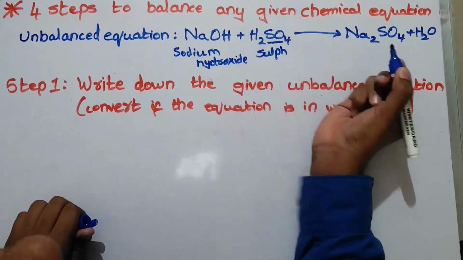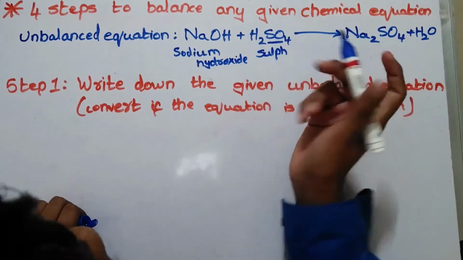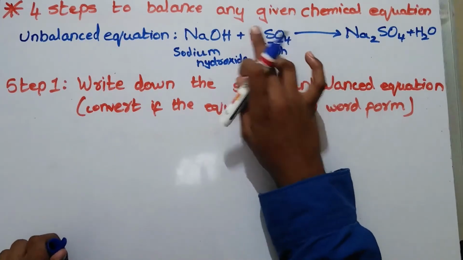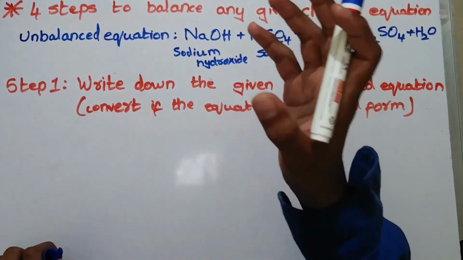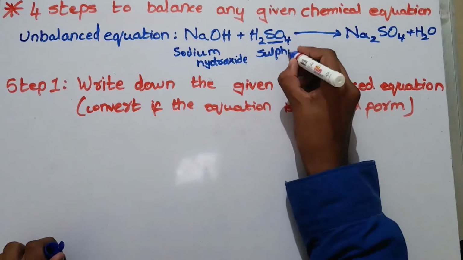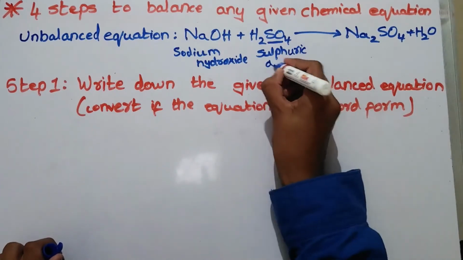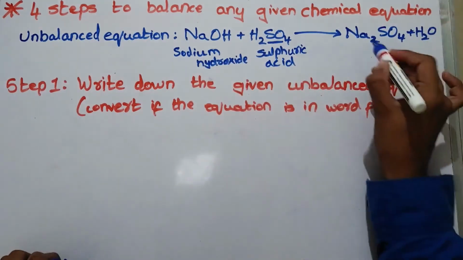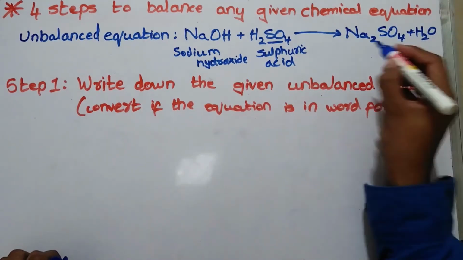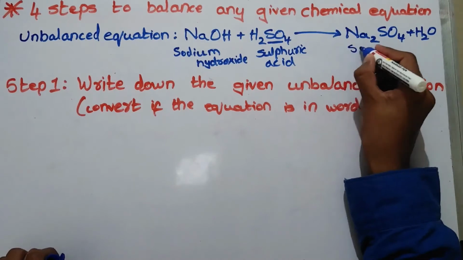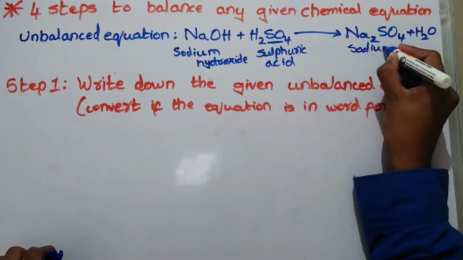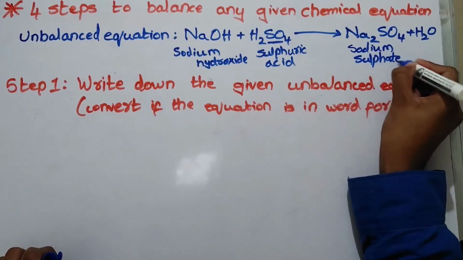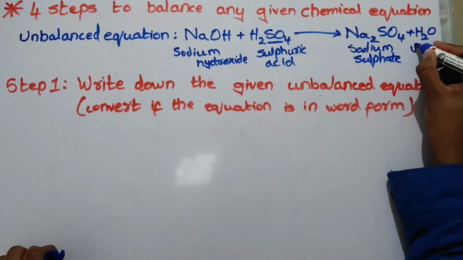If you see SO4, that means sulfur, and H2 means the compound has hydrogen, which creates an acid, sulfuric acid. Then this will give the result Na2SO4, which means sodium sulfate, and H2O, which we all know is water.